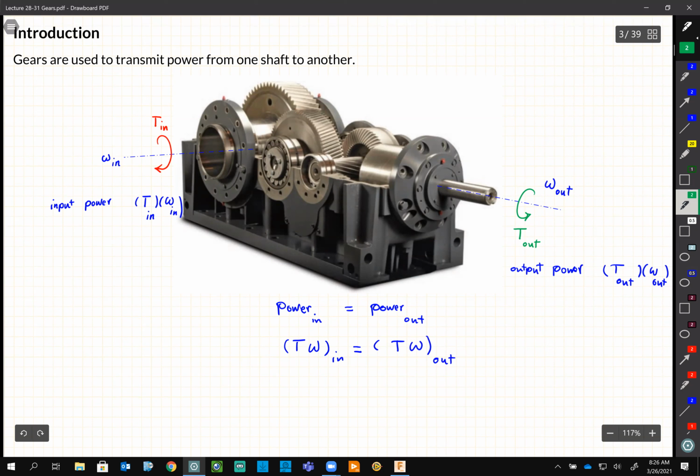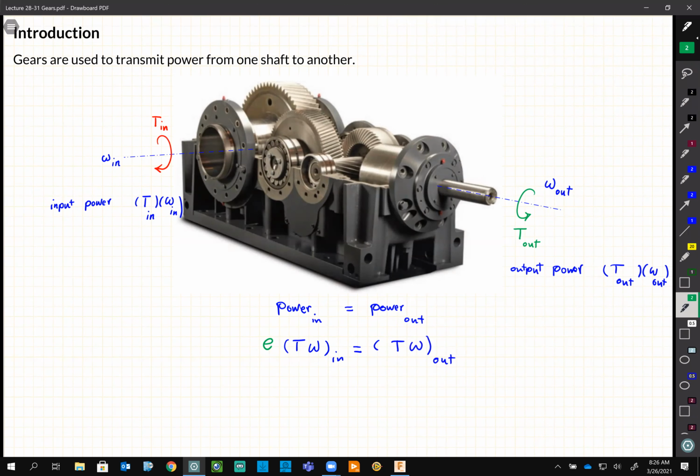So usually we multiply it by E, and this E stands for efficiency. All right. And if the question gives you the efficiency, for example, 80%, you multiply it by 0.8. If the question didn't say anything, it means E is equal to 100% efficiency.